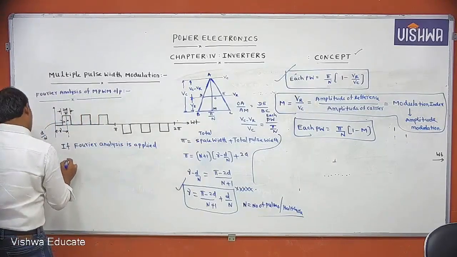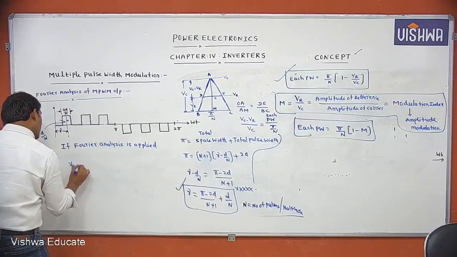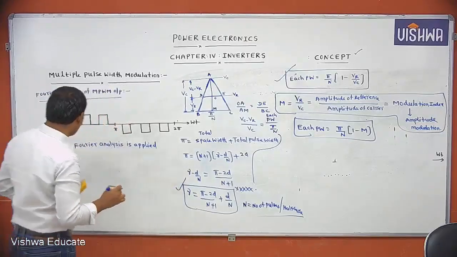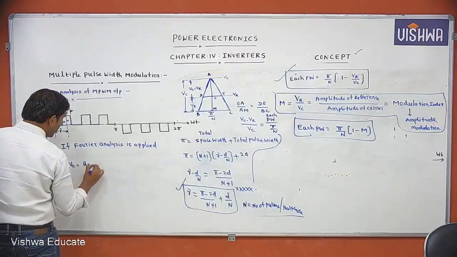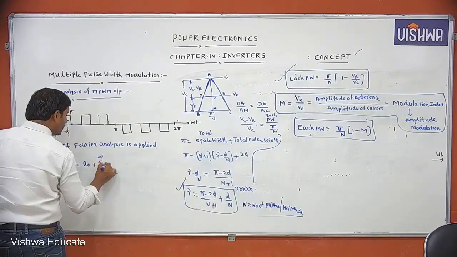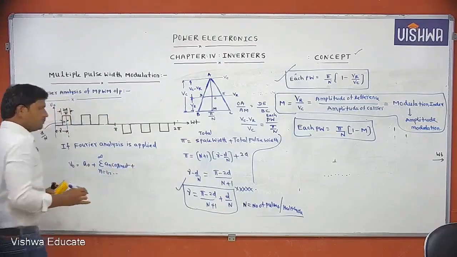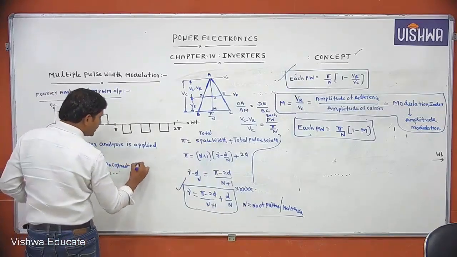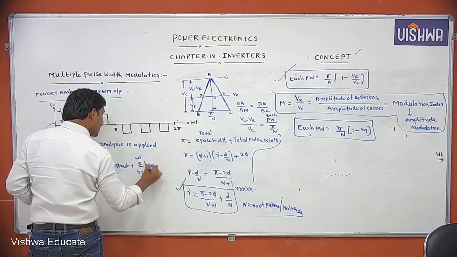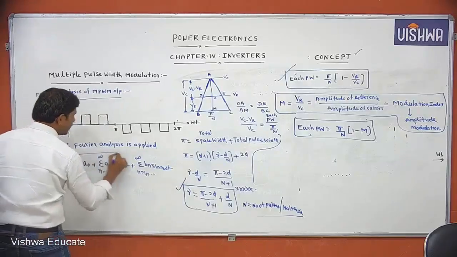According to Fourier analysis, the instantaneous output voltage V0 equals A0 plus summation n equals 1 to infinity An cos n omega t plus summation n equals 1 to infinity Bn sin n omega t.